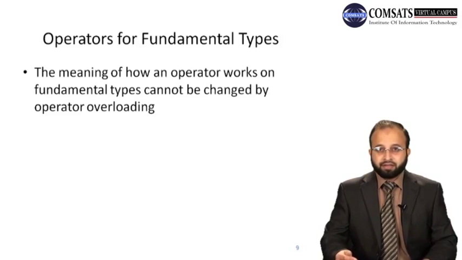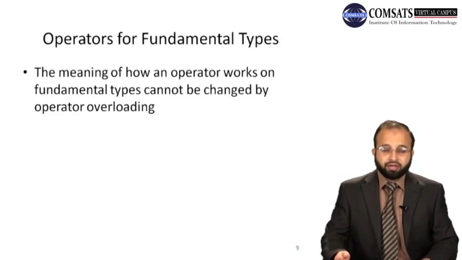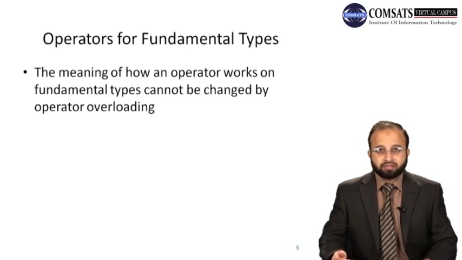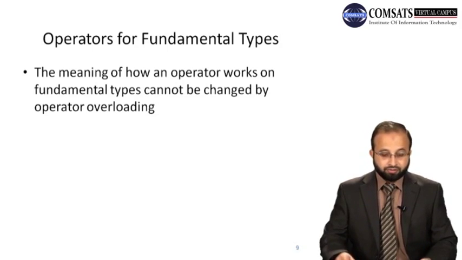And whenever it encounters a statement like d1 plus d2, where d1 and d2 are objects of the distance class, it will look for the overloaded function for the addition operation in the distance class.